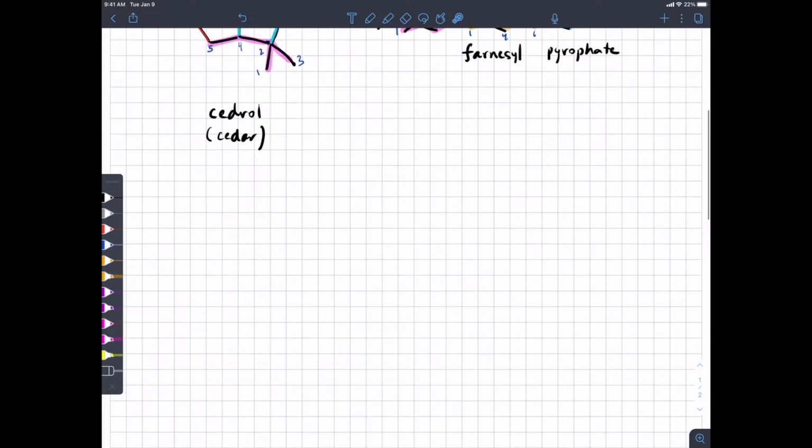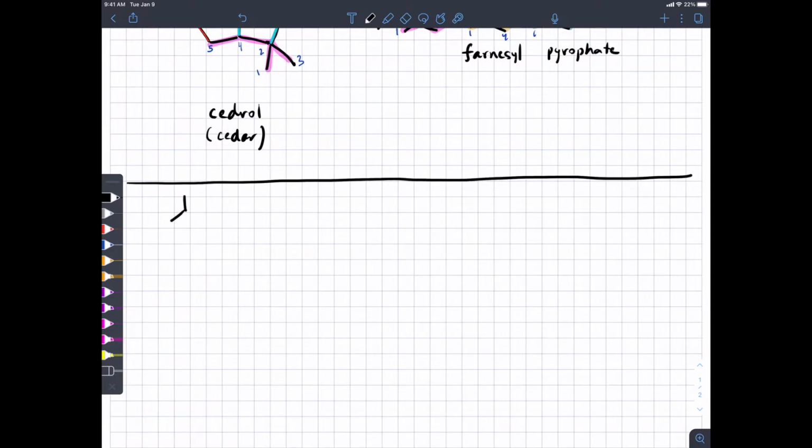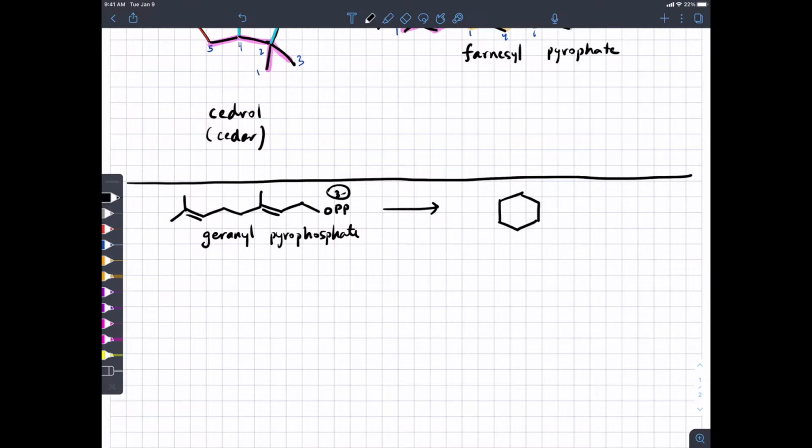Now, let's talk about mechanism. We're going to illustrate the kinds of mechanisms that you can see in terpene chemistry with the example of going from the starting material, geranyl pyrophosphate, to alpha pinene.